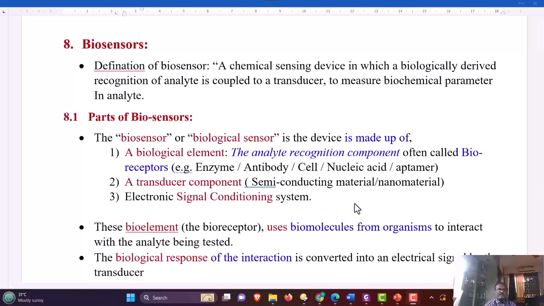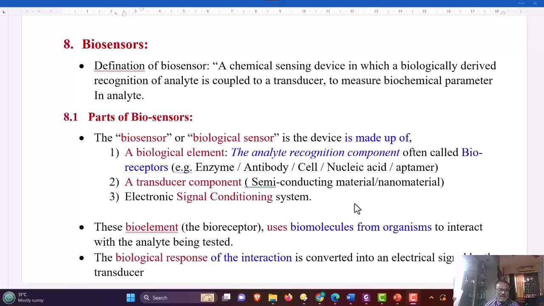The next sensor type we are going to learn is biosensors. How are biosensors defined? Biosensors are basically chemical sensing devices in which a biologically derived recognition element is coupled to a transducer to measure the biochemical parameter of the analyte.